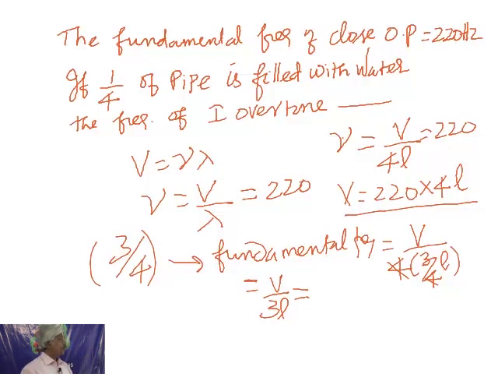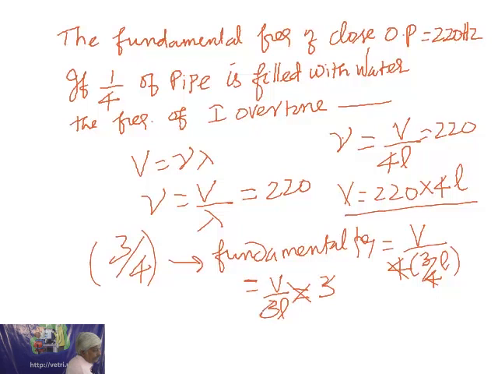The question asks the frequency of the first overtone. What is the ratio of the frequencies in the closed organ pipe? It is 1:3:5. 1 is called the fundamental frequency. The first overtone frequency is 3 times the fundamental frequency. Therefore, this will be multiplied by 3.